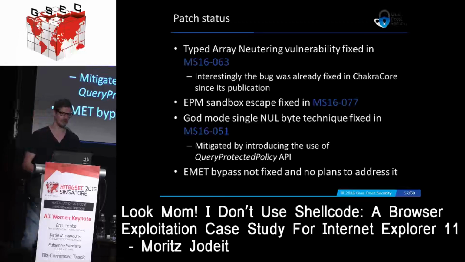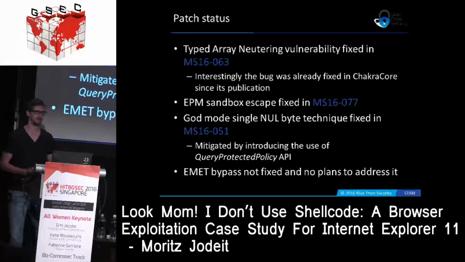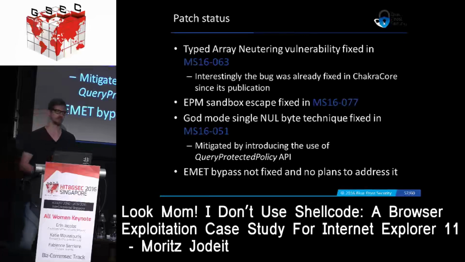And last but not least, the emmet bypass is not fixed, and what I heard is there are no plans to address it in the future. So it looks like if you got the ability to read and write memory, which I must say is a really powerful primitive you first have to get, but if you got that, then you can easily bypass emmet.